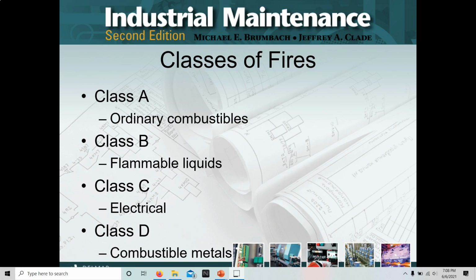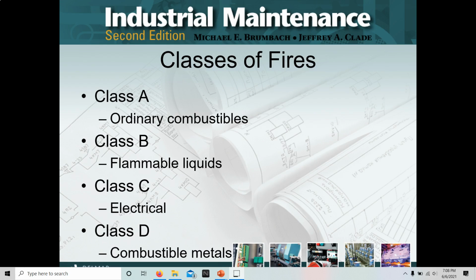Class B. Class B is flammable liquids. I kind of think that Class B is one of the more frightening ones because it's a liquid, and liquids tend to travel. We've all spilt milk or some kind of fluid, and it just kind of spreads. That is a concern because we need to make sure we use the right extinguisher for that.